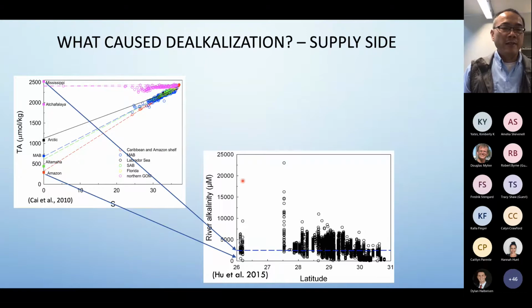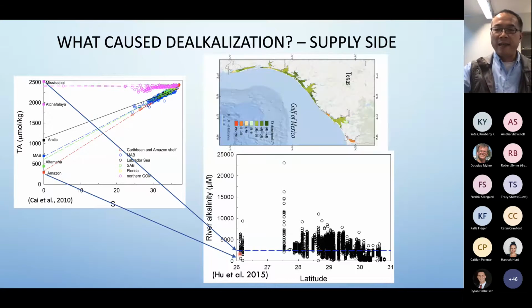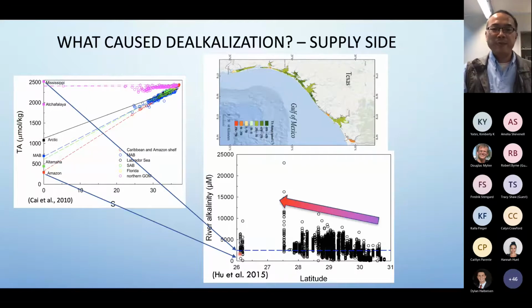The entire western North Atlantic ocean margin, coming down to Texas, is only a small fraction of the axis we're looking at. This corresponds to the climate conditions. As you move from the north to the south, the river alkalinity gets higher and higher. That's a fairly fascinating thing that I saw when I first looked at the data.